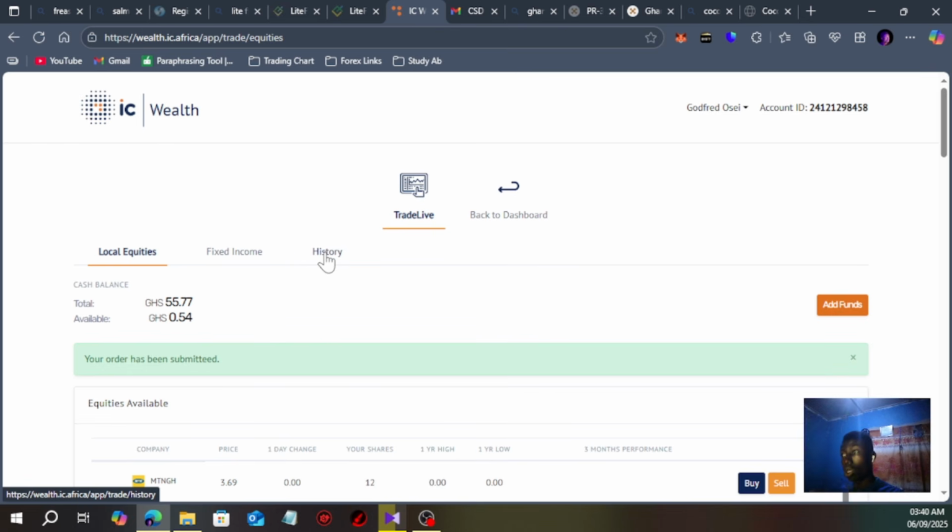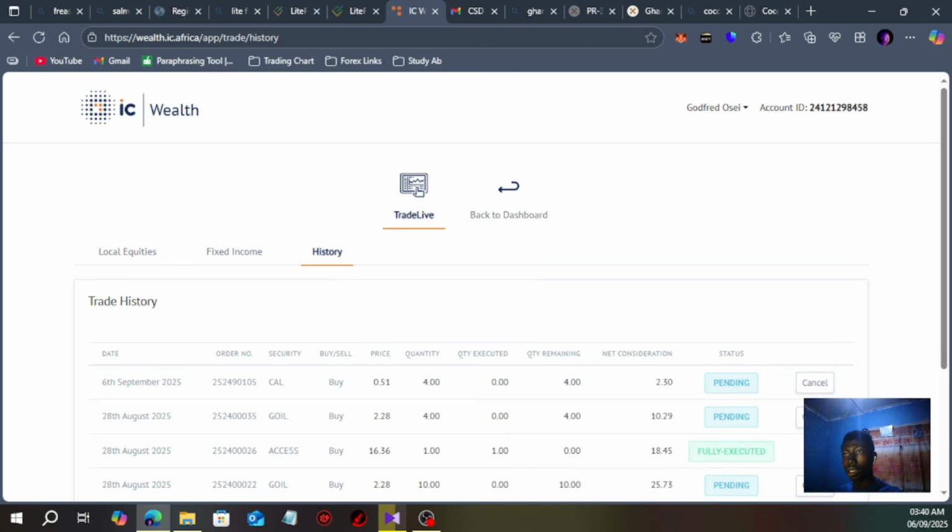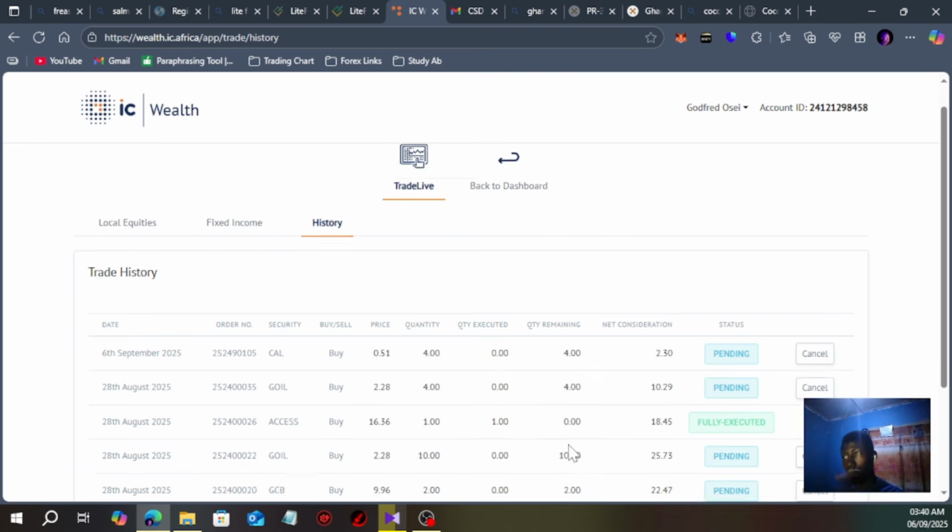So for me to know if it has already been submitted, I have to come here and then check it over here. So 6 September, which is today, Car Bank buy shares, 0.51 and 4, and then pending. Okay, then you know you can cancel it any time that you prefer.